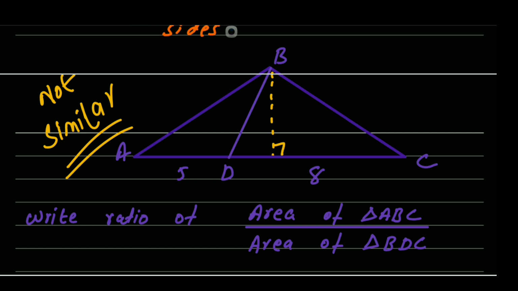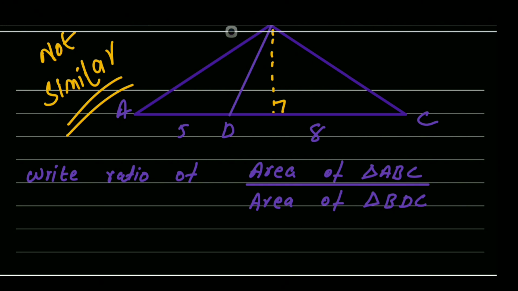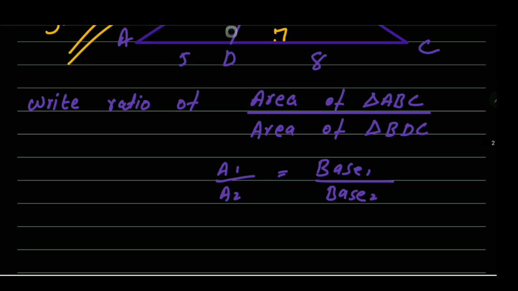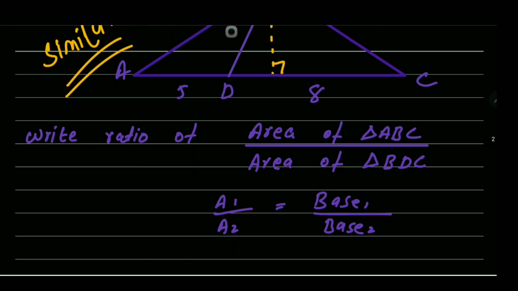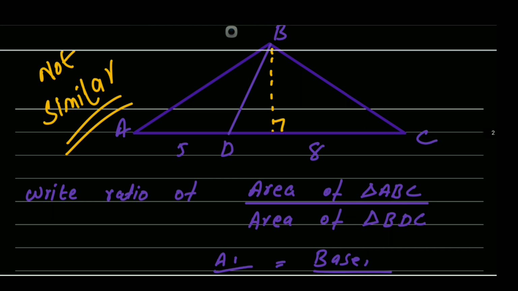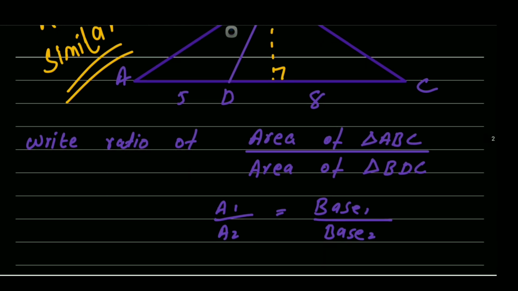So now we have to use the formula. A1 over A2 is equal to base of first over base of second triangle. So we just have to write the values of base 1 and base 2. Base 1 is the base of triangle ABC, which is AC.